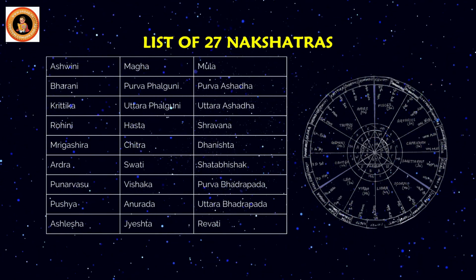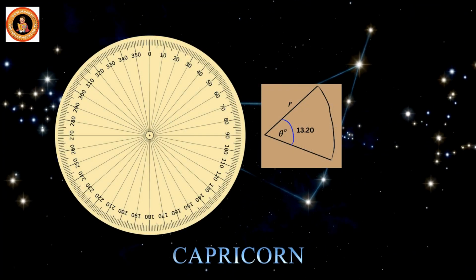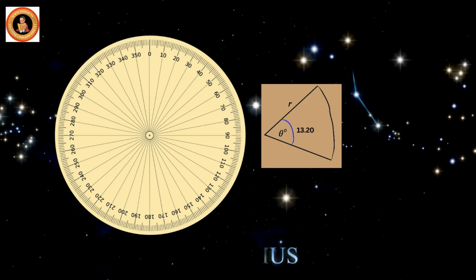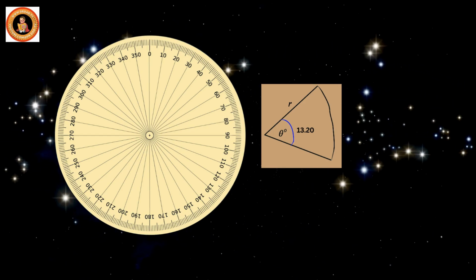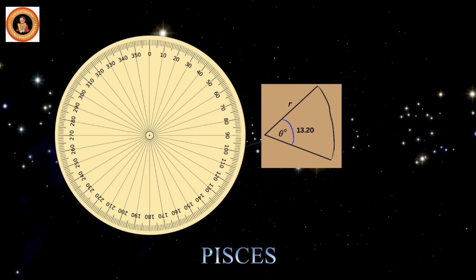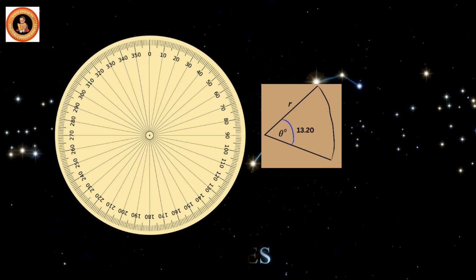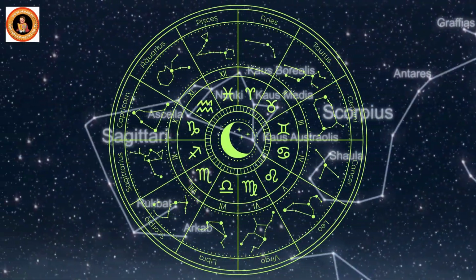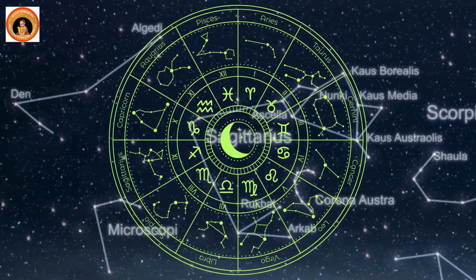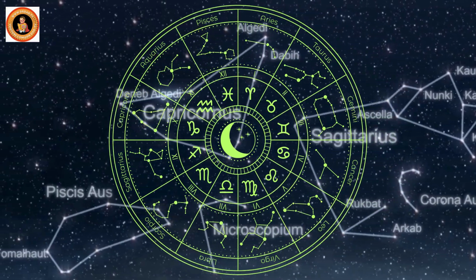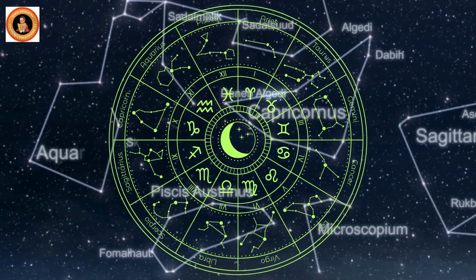The angular region of each nakshatra in the celestial sphere is divided into 27 parts, where each nakshatra occupies 13.20 degrees of angular region.